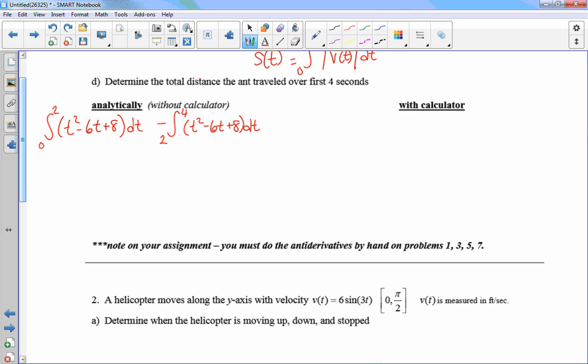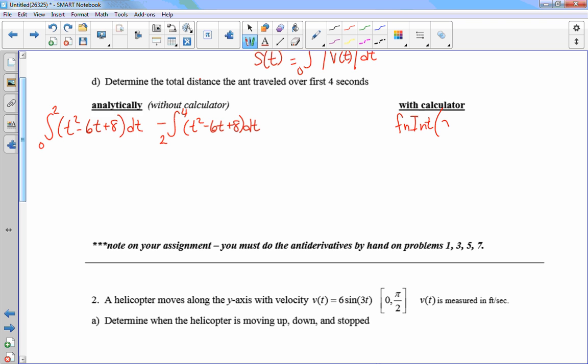Okay? I think you can do the rest, and then when you're done, go through and check with your calculator. But a warning, how do you make sure the calculator knows you're doing the absolute value? Okay, sure. You can do it in a shorter step.